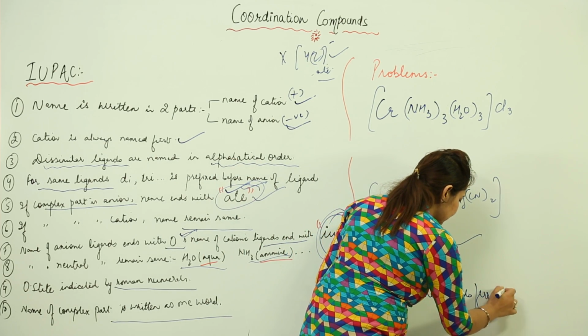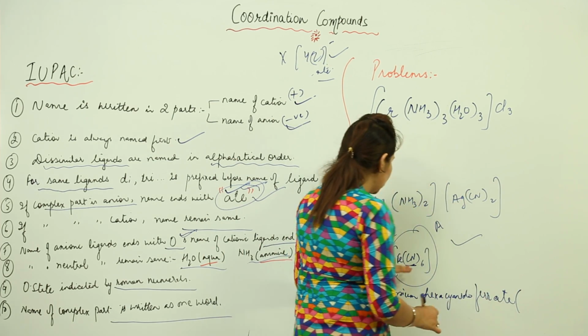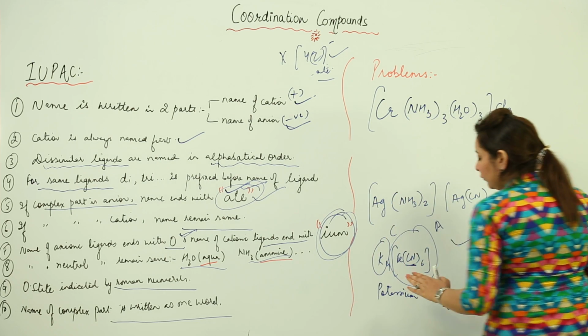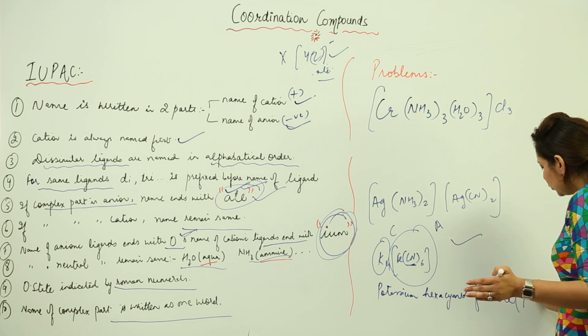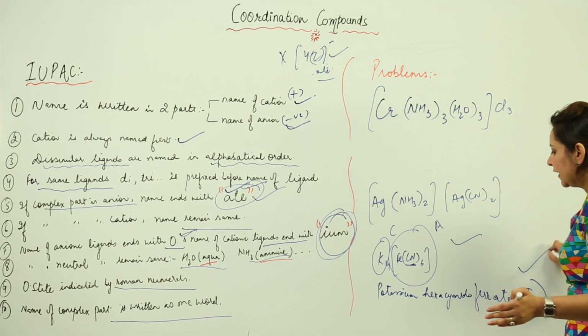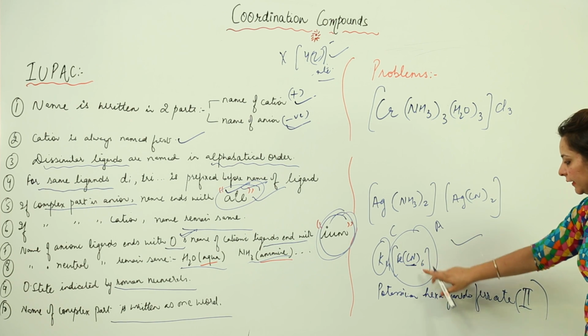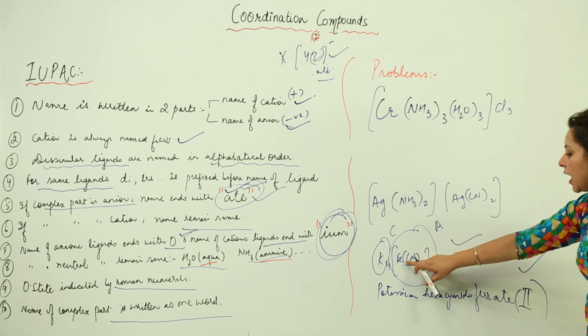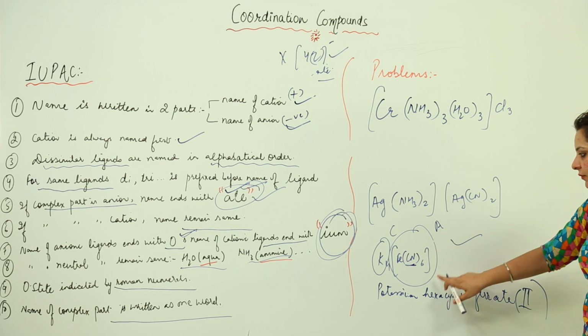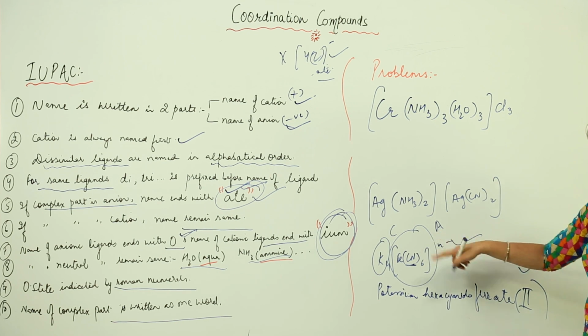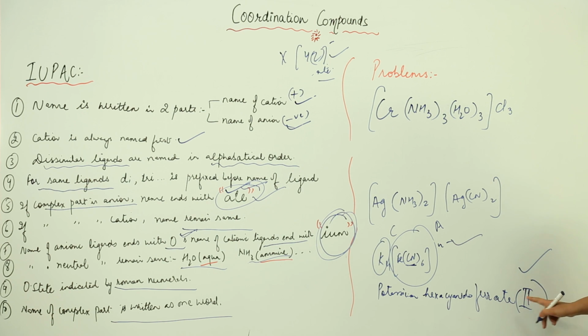So it is ferrate. And what is the oxidation number in this case? We already found it comes out to be 2, so just put II here. So this is the name of this compound: potassium, the cation first, then the ligands hexacyanido, and then ferrate, because it is a negative complex part, ferrate followed by the oxidation state of the central atom in Roman numerals.